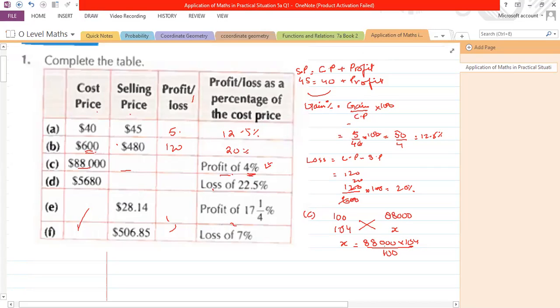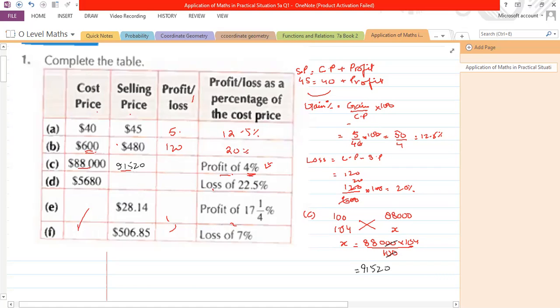You can very well see that these two zeros are cancelled with these two zeros. So 880 multiplied by 104. Let's do it in the calculator. 880 multiplied by 104. So you're going to know what the selling price actually is. 91,520. This is your selling price.